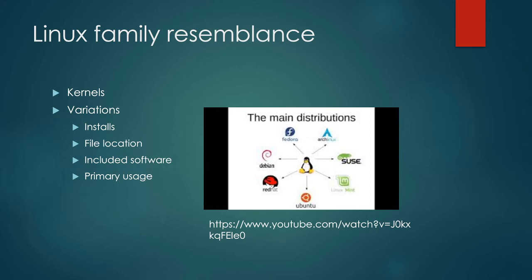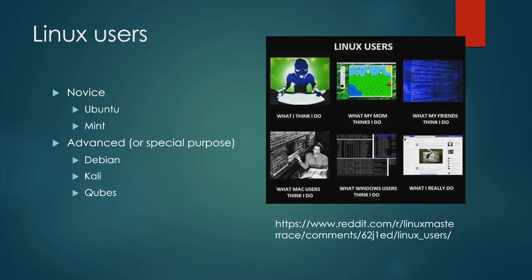For example, Linux Mint you might end up using if you are a beginner because they are trying to make everything as easy as possible for you, versus something like Red Hat you're going to be using because you would like to have an incredibly secure server that's really well supported.